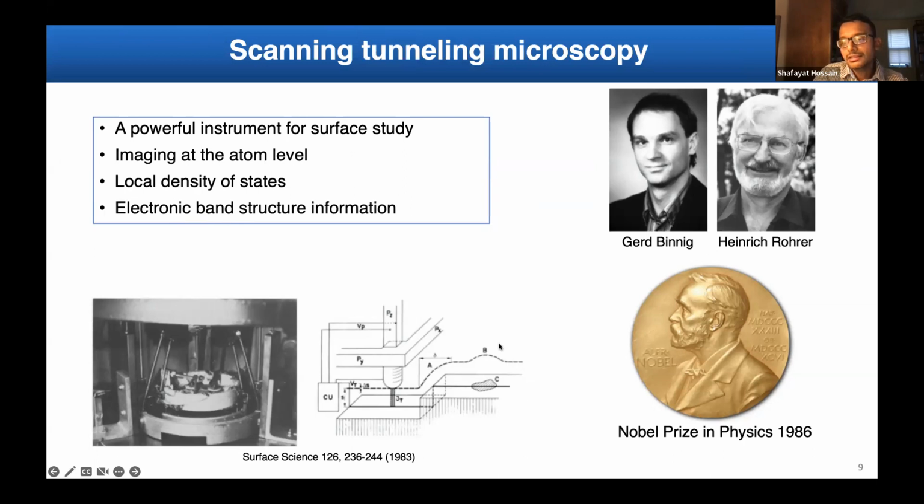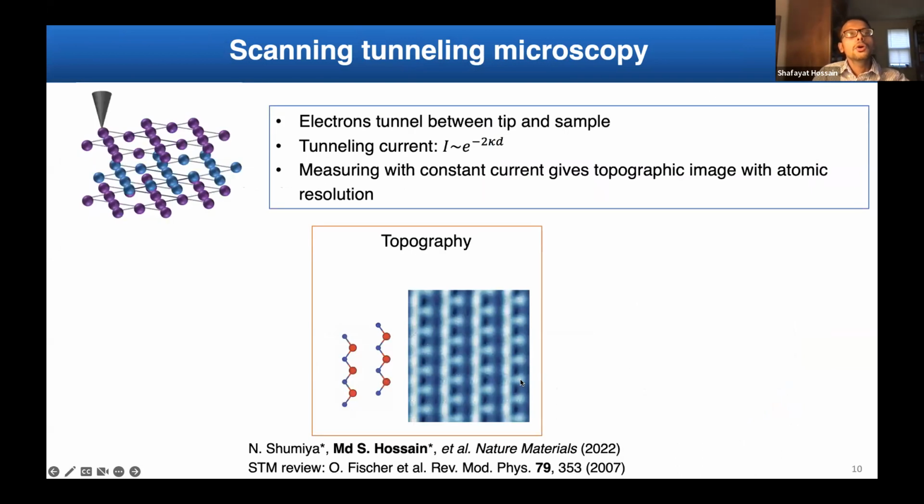The invention of the STM dates back to around 1983, and it got the Nobel Prize in 1986.